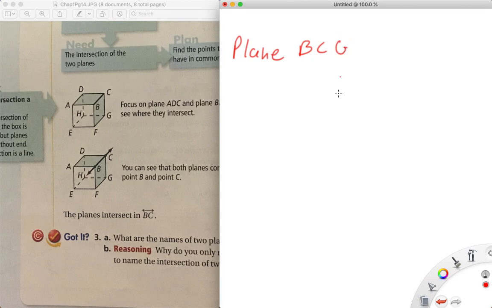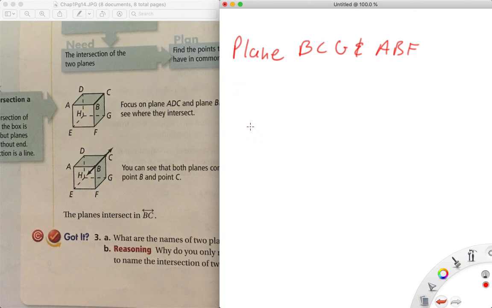Three non-collinear points. And plane ABF. So the front plane, ABF, this square right here, and the right one, when they come together, form line BF, and it would be going vertical.